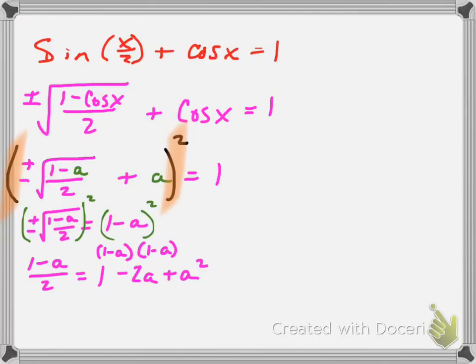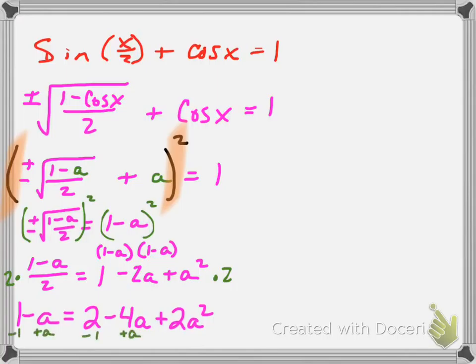I'm going to multiply both sides by 2 to get rid of the fraction on the left. I'm going to then add the a and subtract the 1 to the other side. So everything's on one side. When I do that, on the right side, I have 1 minus 3a plus 2a squared.